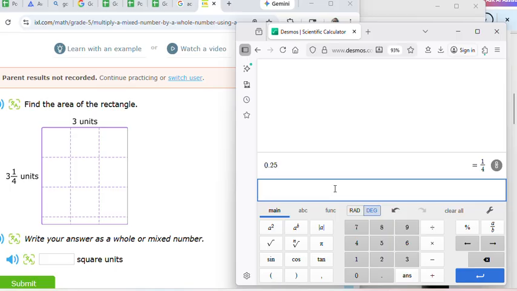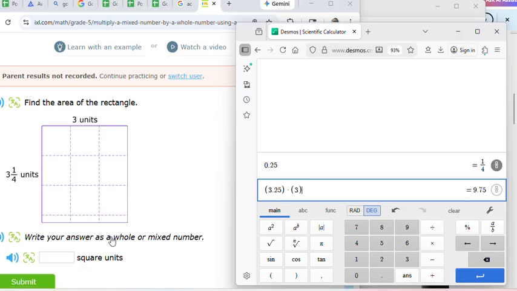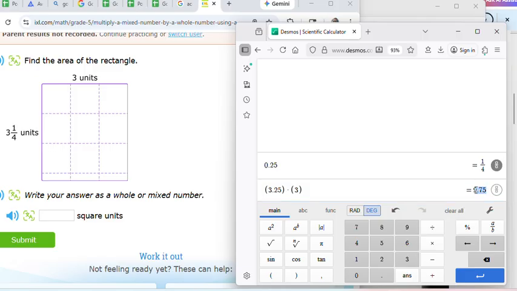So here's one way: 3.25, we're representing the 3 1/4 units here, and then we'll multiply that times the 3 units. And then there we have the solution, 9.75 square units.